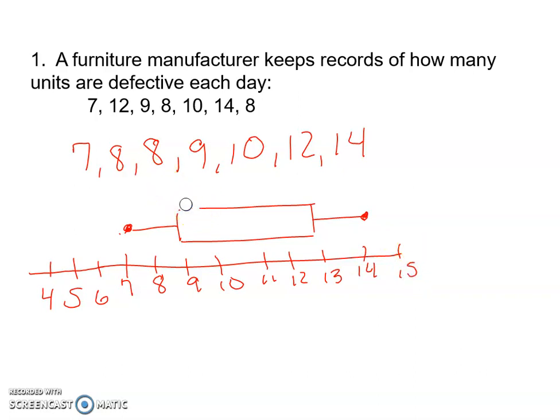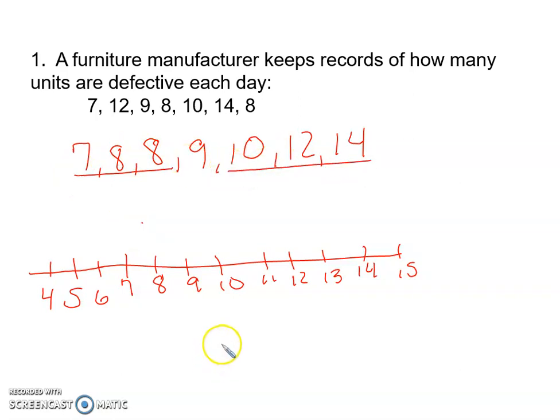Okay, so my box is going to have to be adjusted a little bit. So let's see, how do we write it? We'll start with the number line. Alright, so this is the bottom half of my entries, and this is the top half of my entries. 9 is my middle number. It's my median. Okay, so we want to draw a line where the median is.